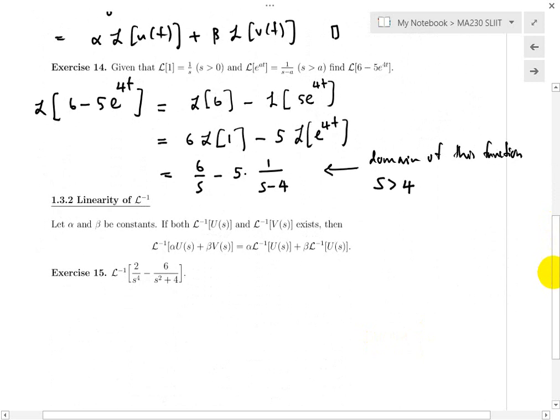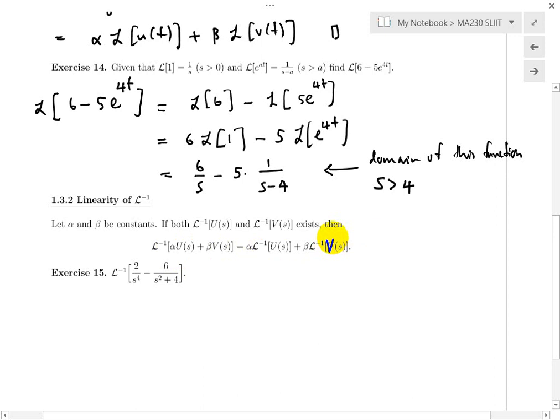Okay, now in the same way, for the inverse Laplace transform you also have linearity. Which means if you have capital U in the s domain and capital V in the s domain, then the inverse Laplace transform of alpha times U plus beta times V is the same as if you know the inverse Laplace transform of U and V separately, then you add those two.